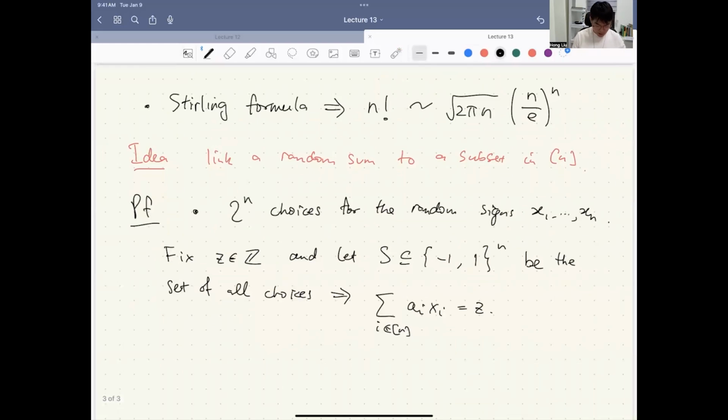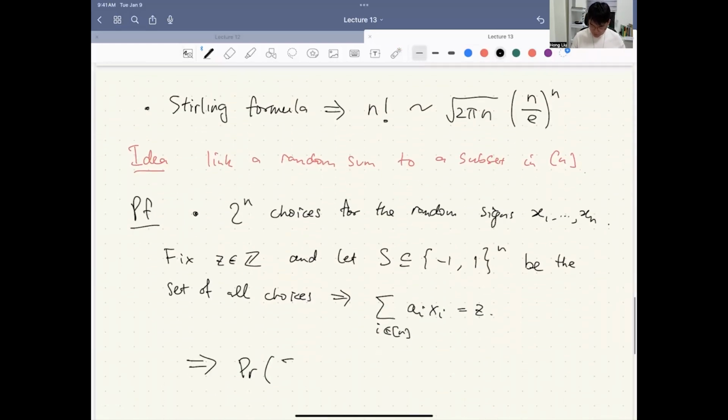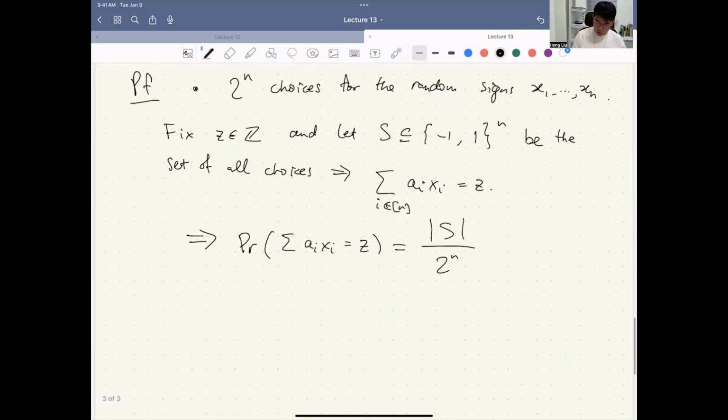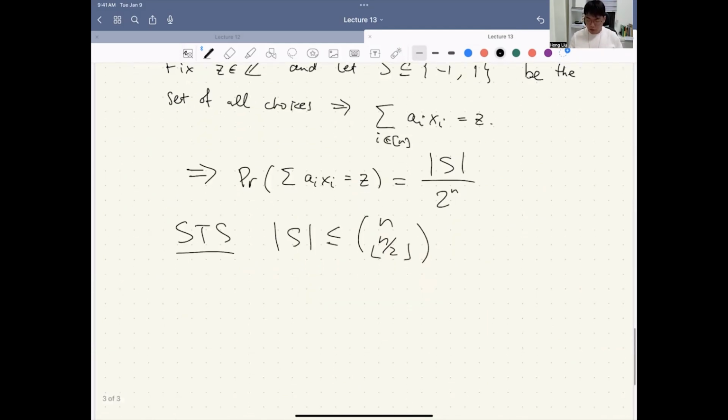This implies that the probability that the sum of a_i x_i equals z is the size of S over 2 to the n. It suffices to show the size of S is at most n choose floor of n over 2. And now I already told you it's about applications of Sperner's theorem. In other words, it suffices to show S as a subset of the hypercube is an anti-chain.